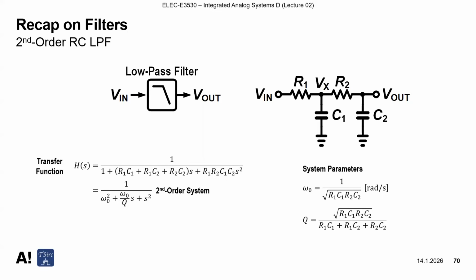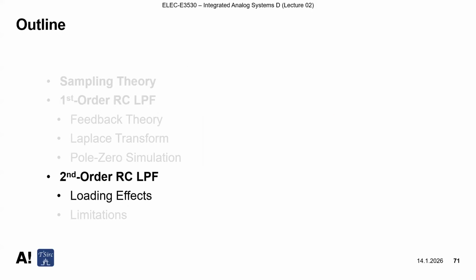Then our omega 0 is actually 1 over this value, square root, sorry. It has the unit of angular frequency, radians per second. For the Q factor, you can do the same math by plugging in this omega 0. Then you get Q equal to the square root of R1C1R2C2 over R1C1 plus R1C2 plus R2C2.